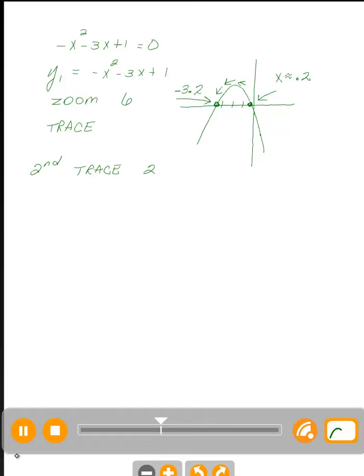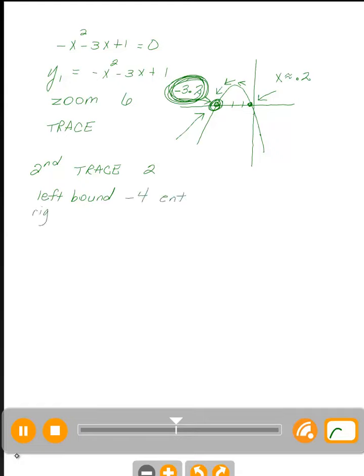It's going to ask you a left bound, and for my left bound, let's find this left intercept first. I want a number that's to the left of this approximate answer and one to the right. So if my approximate answer is negative 3.2, for my left bound I'm going to use a number that's less than that, negative 4, and then press enter.